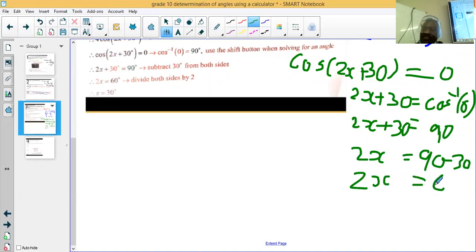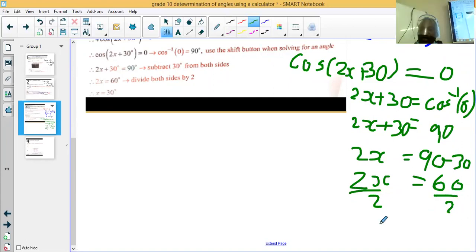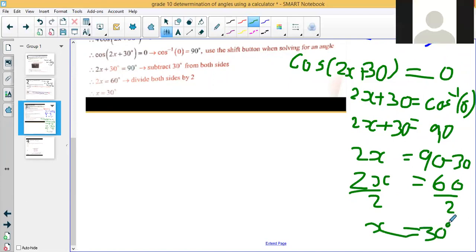So you have got 60. Is that all? What is left? We divide by 2 where? Both sides. So you divide by 2 here, you divide by 2 here. So x is equal to 30. Take note, you must use the correct units.